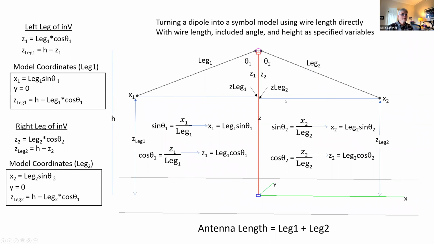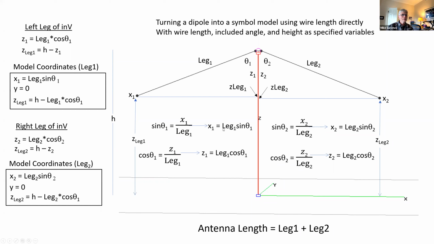So let's fix that. We're just going to use some very simple trigonometry, and we're going to rebuild the same exact antenna with angles and the length of the antenna. So we just write down 2 simple trigonometric identities. Here's theta 1 and theta 2. So sine theta 1 is equal to x1 over leg 1.